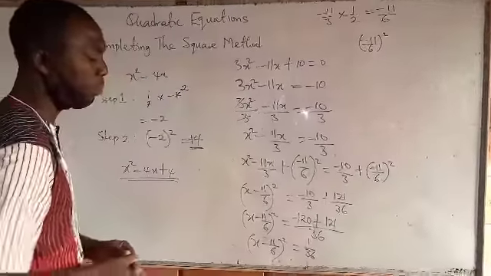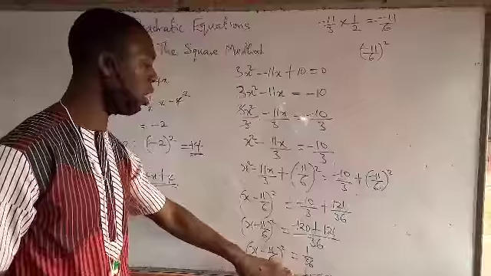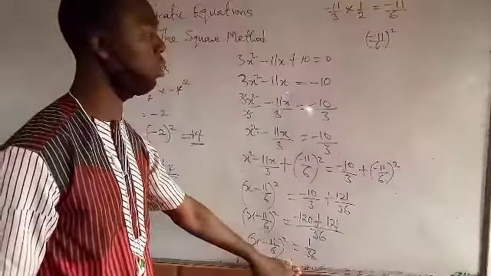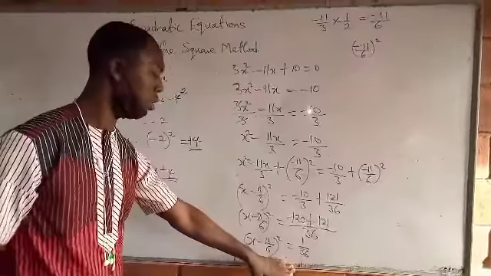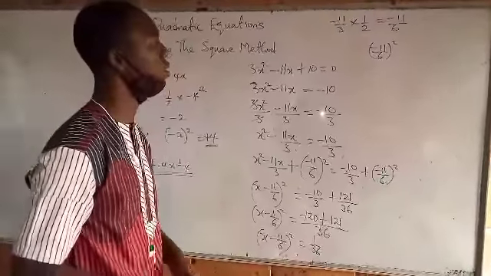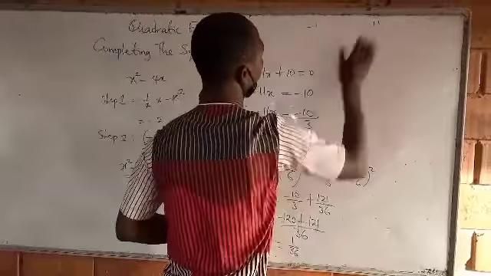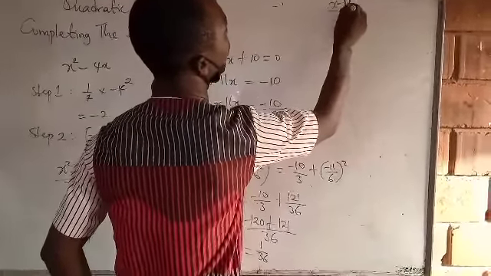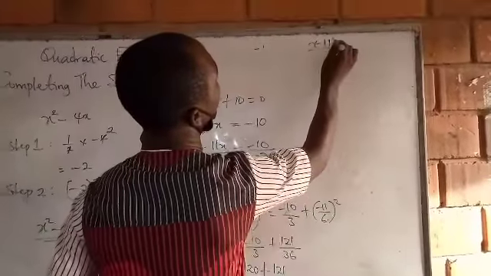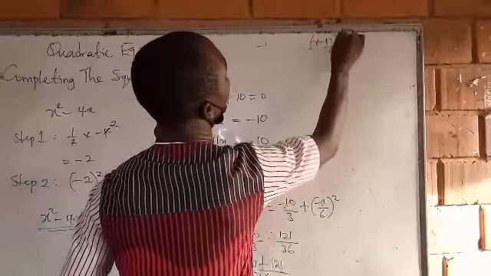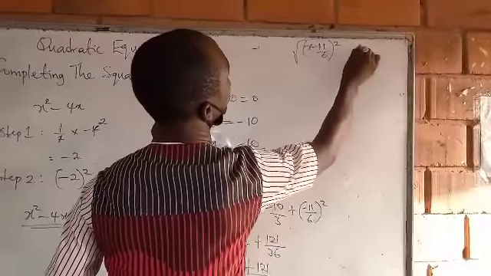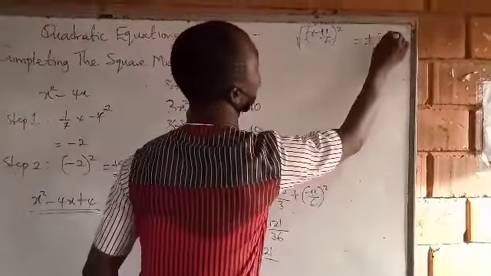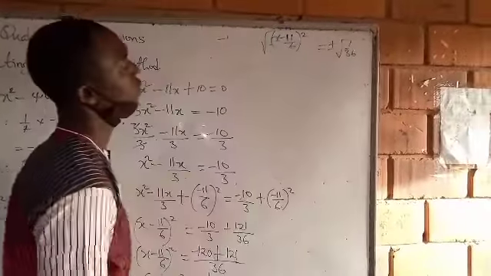So the next step now is to take the square roots on both sides. If we take the square root on both sides, then we have x minus 11 over 6 equals plus or minus the square root of 1 over 36.